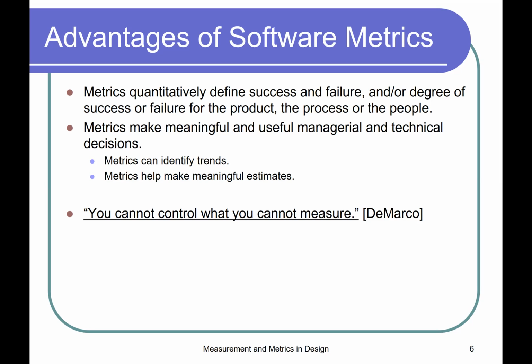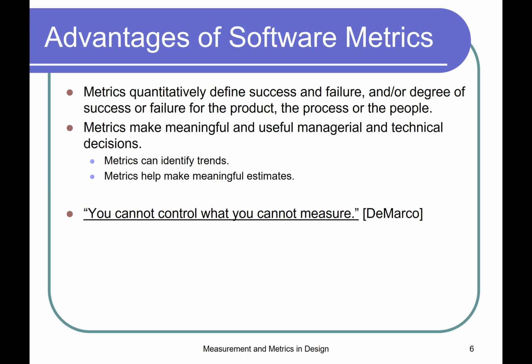Same thing with ice cream. Same thing with your academic performance. You have to have some sort of measure in order to know whether I should be doing better or whether I'm doing okay. All right, so metrics give us numbers, they quantitatively define success or failure.